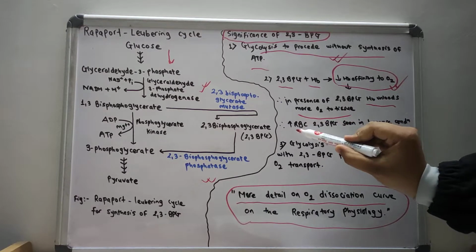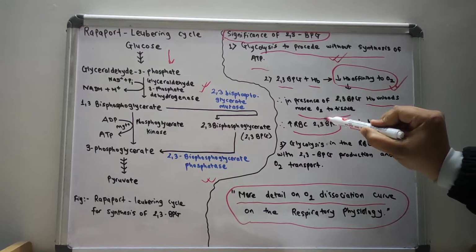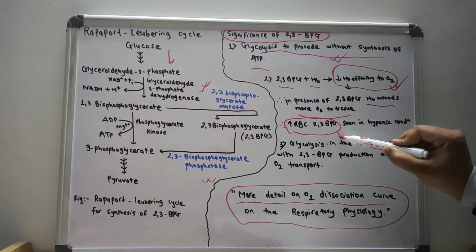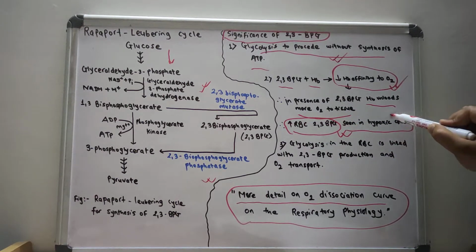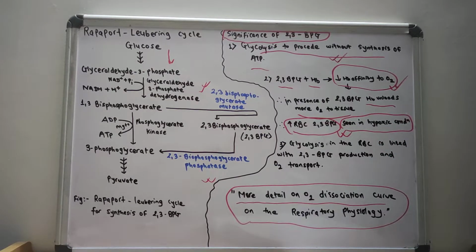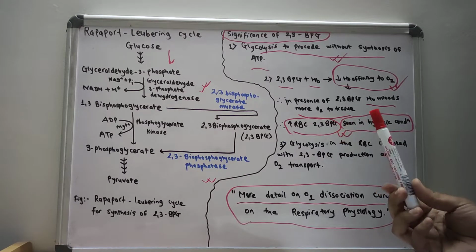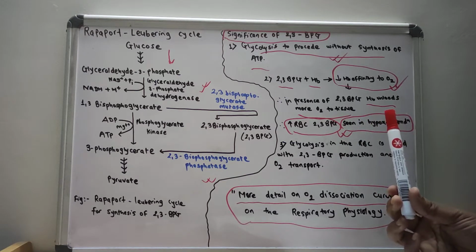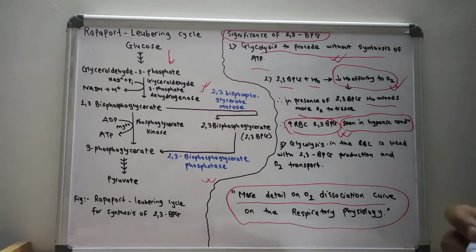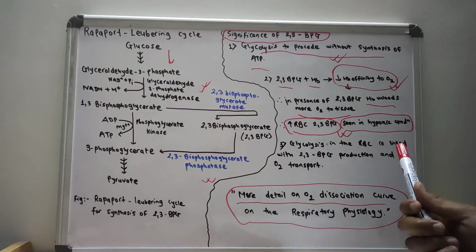So the increased amount of 2,3 bisphosphoglycerate in the RBC is seen in various hypoxic conditions, because in the hypoxic condition more oxygen is needed in the tissue. So due to decreased affinity of oxygen to the hemoglobin in the presence of 2,3 bisphosphoglycerate, the hemoglobin unloads more oxygen to the tissue.